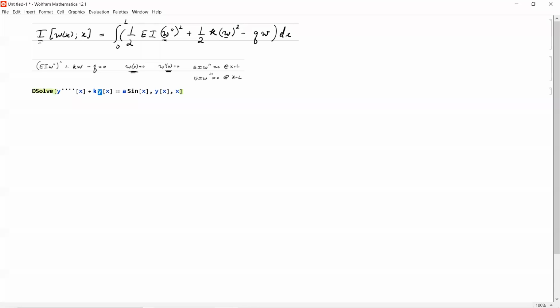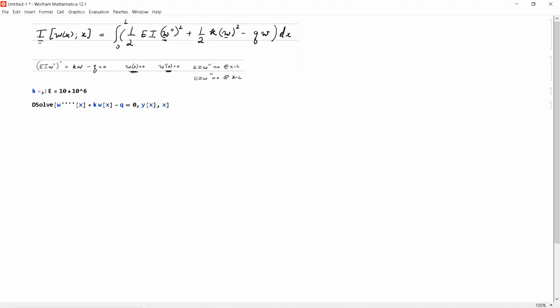I'll make everything W to keep it consistent. Okay, so I have that so far, minus Q, and then I will make this equal to 0. Secondly, I should define some variables. So I define K to be, can somebody tell me what K was? 100,000, you said?